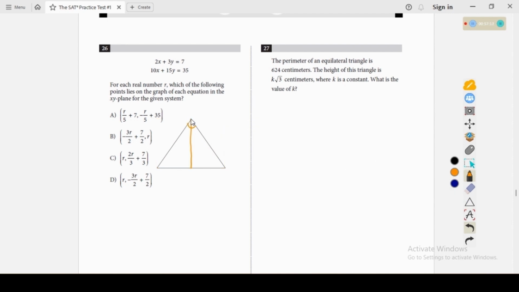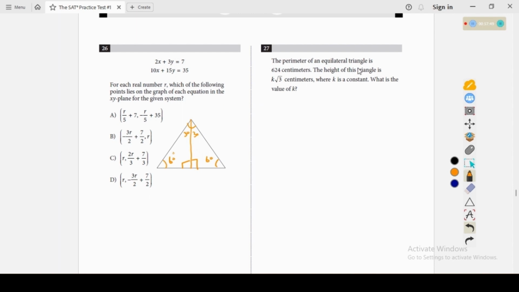This line intersects the other side at the midpoint. This line divides the triangle into two triangles of angles 30 degrees, 60 degrees and 90 degrees, and the same for the other. This means the equilateral triangle is converted into two 30, 60, 90 triangles.